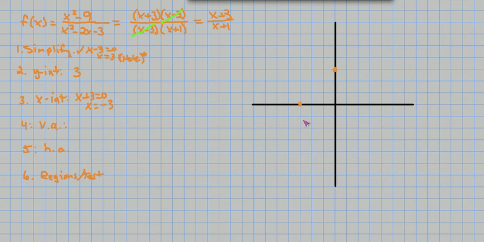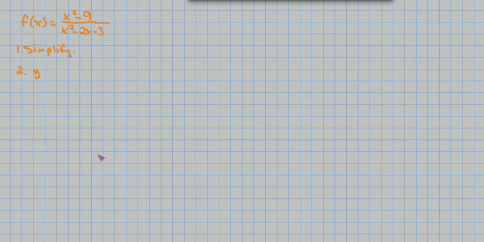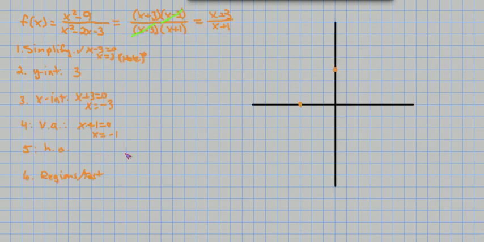Alright, fourth thing, vertical asymptote. Only thing on the bottom is x plus 1. So we're going to set x plus 1 equal to 0 and solve, and we're going to get x equals negative 1. So at negative 1 for x, we have our vertical asymptote. There we go.